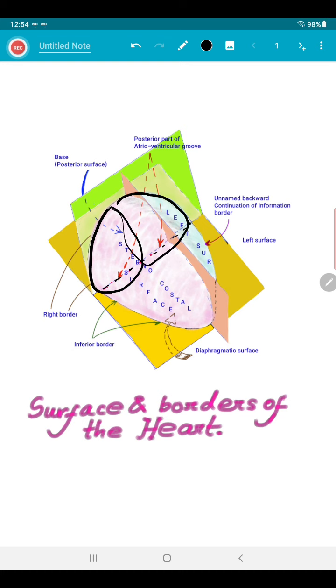So the line from the junction of the superior vena cava with the right atrium to the junction of the inferior vena cava with the right atrium is the demarcating line or right border of the base of the heart. Whenever you are asked to show the right border of the heart, you have to show it by pointing your fingers over there.